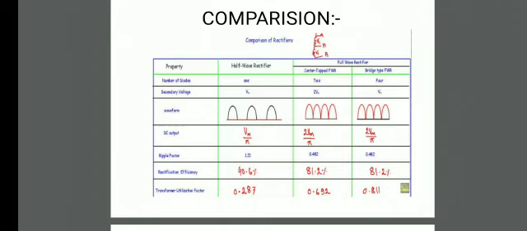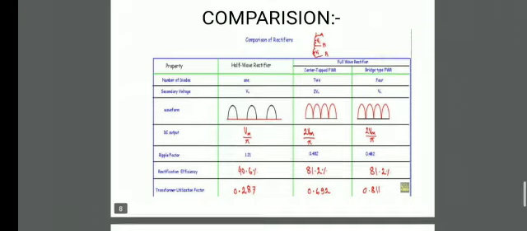In the center tap full wave rectifier, the transformer used is a center tap transformer, so the secondary voltage is 2 Vm, and in the bridge it is simply Vm. Half wave waveform you can see as shown in the table. So during only the positive half cycle we find output. In the center tap we find output during both positive and negative input signals, and same in the bridge.